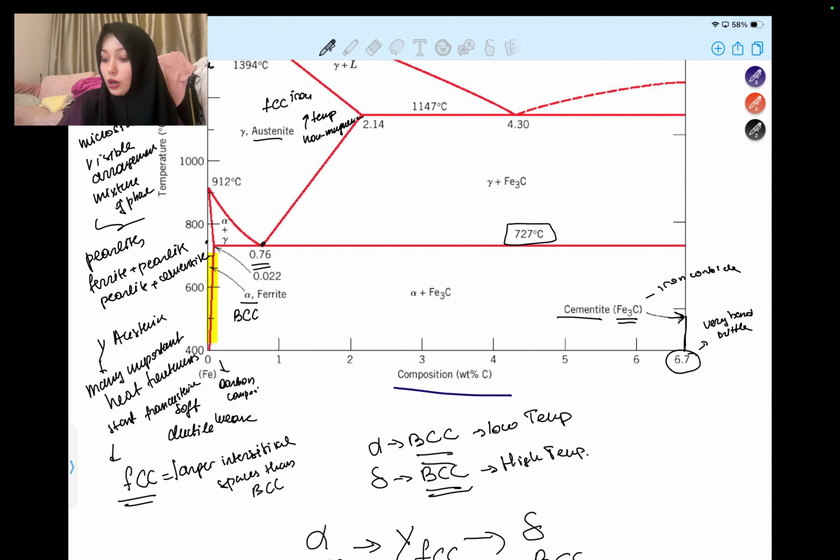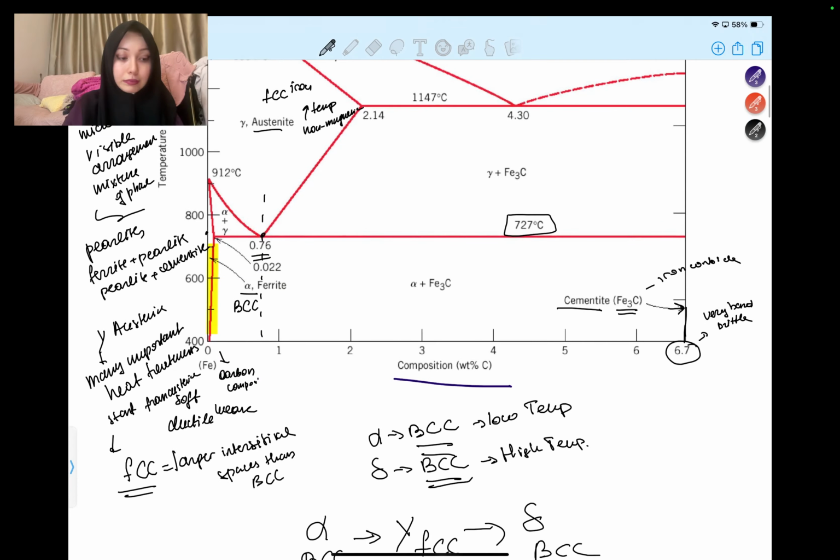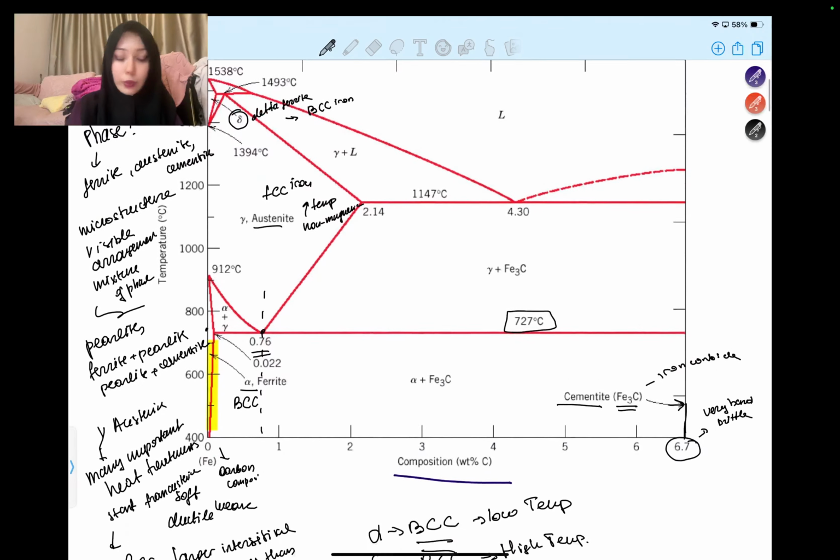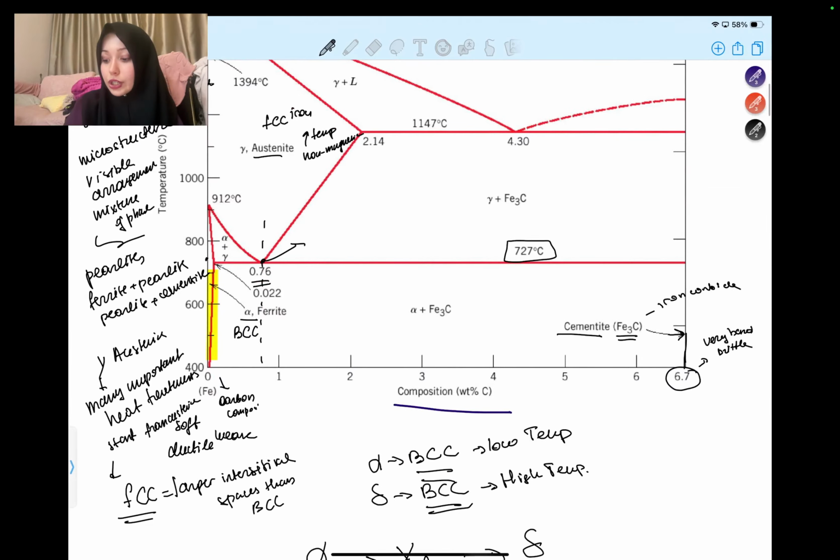So you see, when we have exactly the middle of the reaction, we would call it eutectoid still. So what do we have? Eutectoid steel gives 100% pearlite composition.